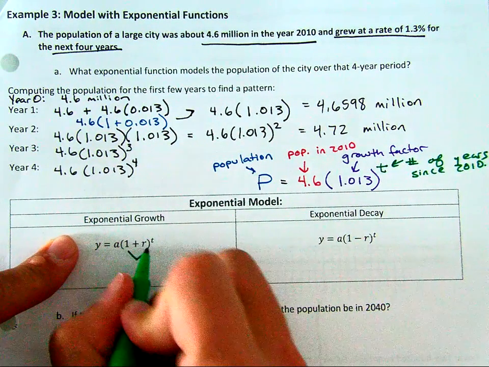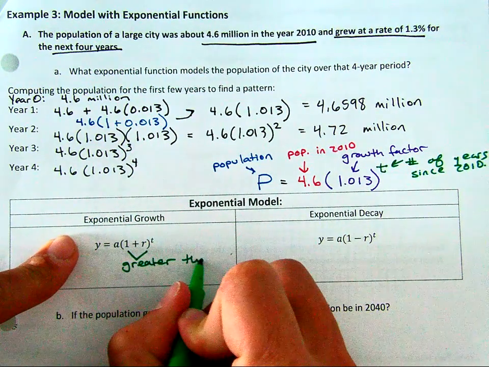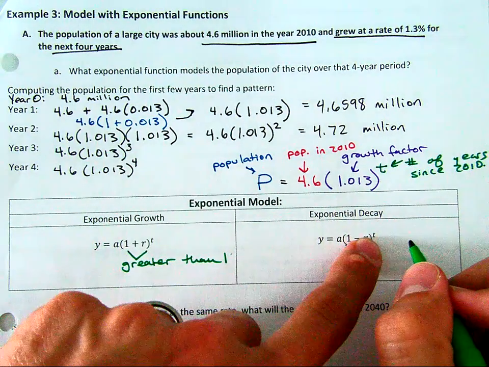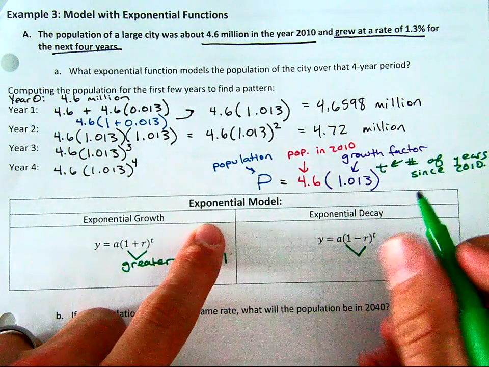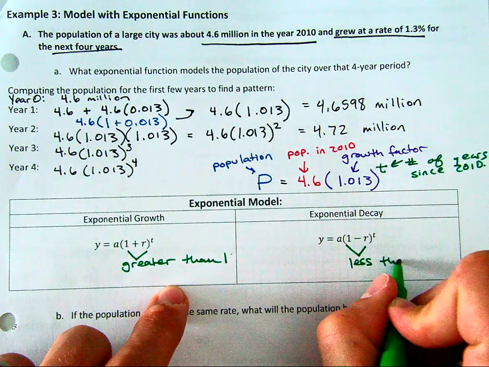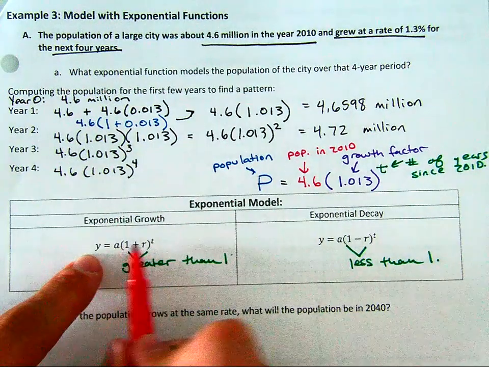In decay, where we are subtracting a rate, that value is going to be less than 1. But either way, these letters represent the same idea. A is going to represent the initial value.